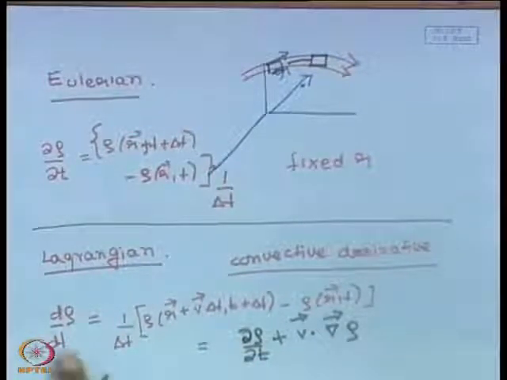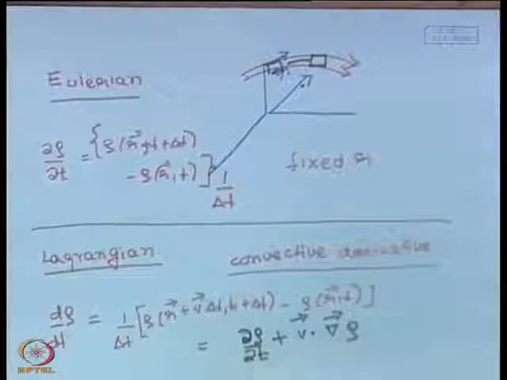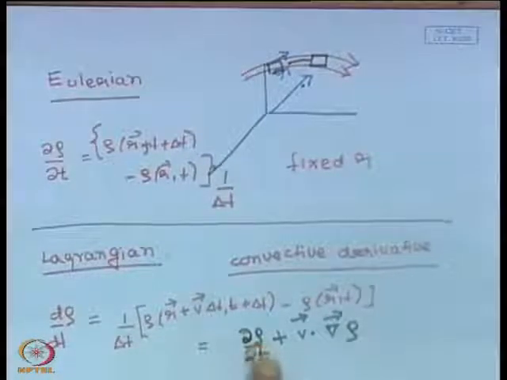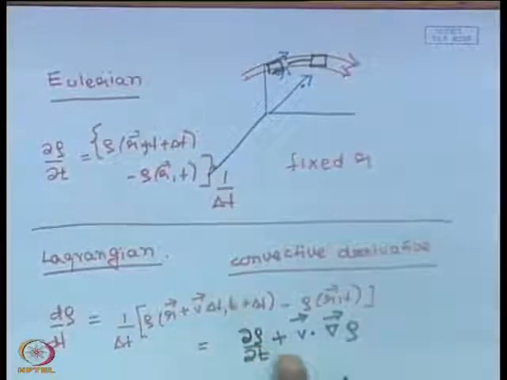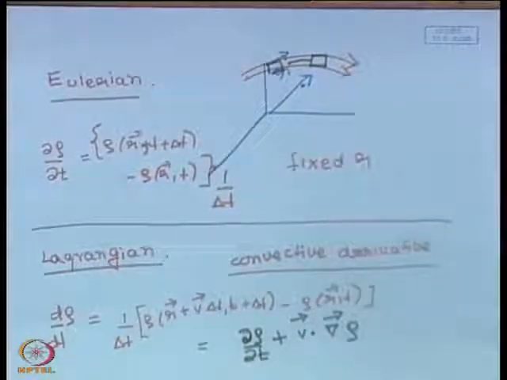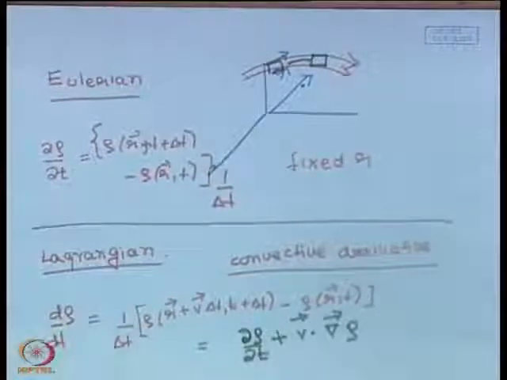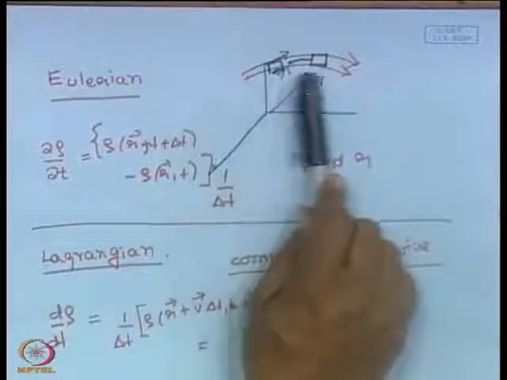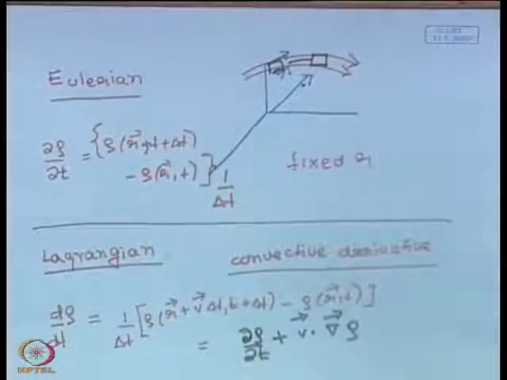Okay. So, if I write this in terms of partial derivatives, I will get two terms. One is the partial derivative of rho with respect to time, and the other is v dot the gradient of rho. Okay, this is called the convective derivative. This tells you the rate of change of the density or any quantity for that matter if you move along with the fluid. Okay.